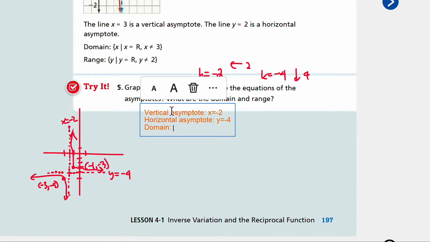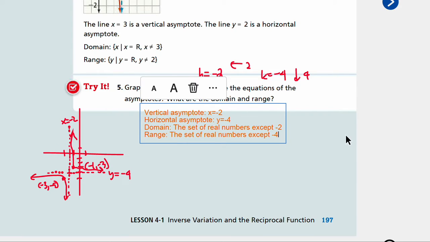Domain is the set of all real numbers except -2. And the range is the set of all real numbers except -4.